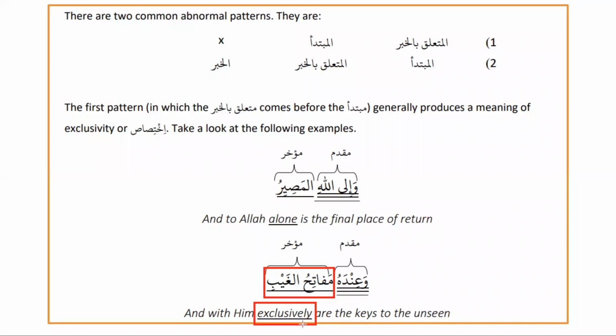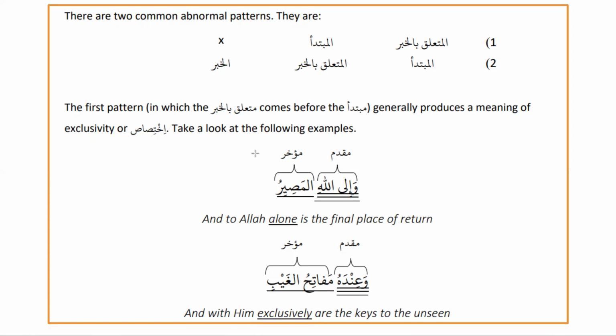But exclusively is coming because of this special, specific pattern. So the pattern in which mutaliq bil khabar is muqaddam with the omission of khabar, and then mubtada is muakhar, generally produces a meaning of exclusivity.